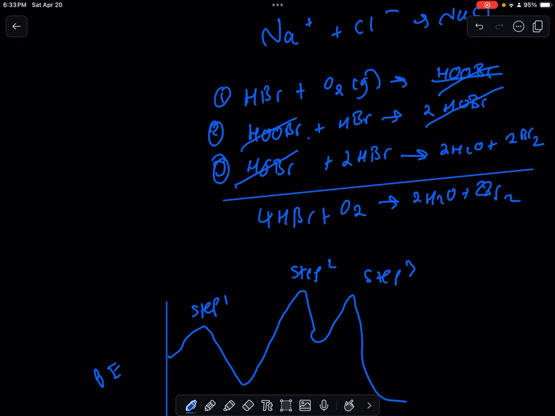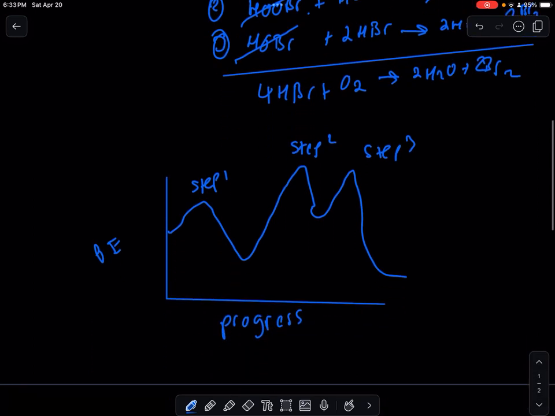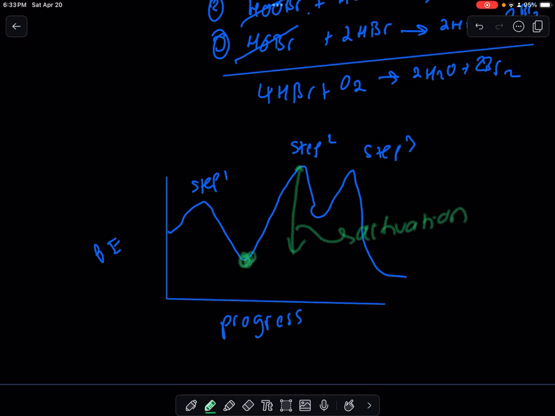So the rate limiting step of this reaction is step 2. And the reason it's step 2 is because it has the highest activation energy, which is the difference between the reactants and this peak here.